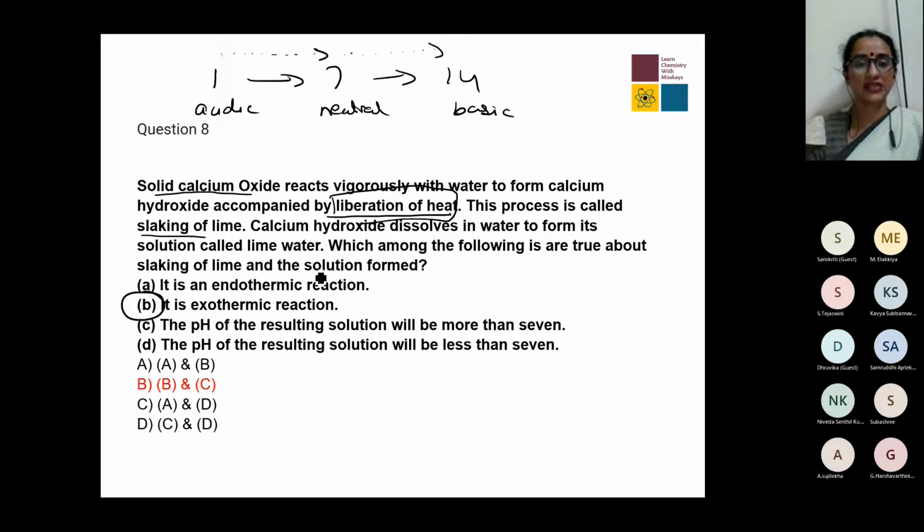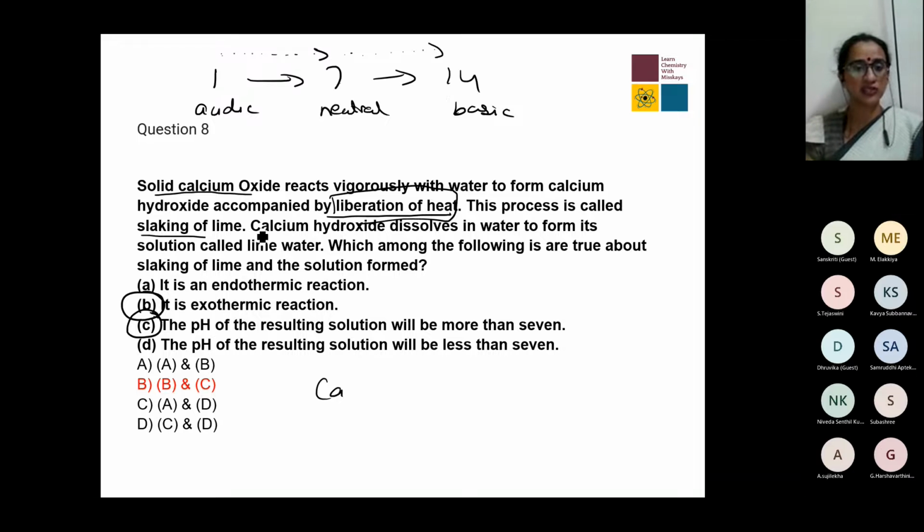Okay. Now, calcium or any solution that is made from a metal, so calcium hydroxide, sodium hydroxide, potassium hydroxide, all of these metallic based hydroxides will always be basic in nature. All metallic based solutions will be basic in nature. So that's how we know that the pH of the solution at the end will also be greater than 7, because only when we go from 7 to 14 on the pH scale, we are going from neutral to basic.